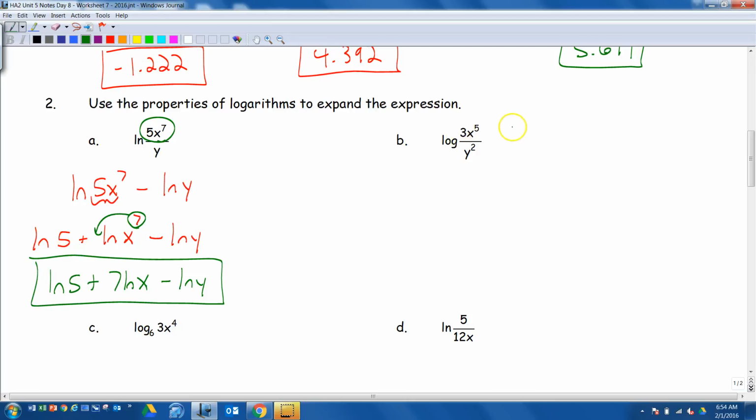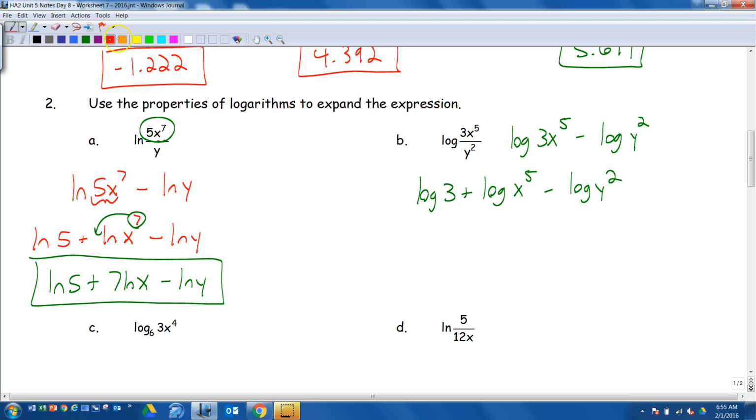Same thing here. Log of 3x to the 5th minus log of y squared. Again, for the y squared we can now bring the 2 down. For here though, we cannot bring the 5 down yet because it's only raised to the x. We have to split that up first. So I have log base 10 of 3 plus log of x to the 5th minus log of y squared.